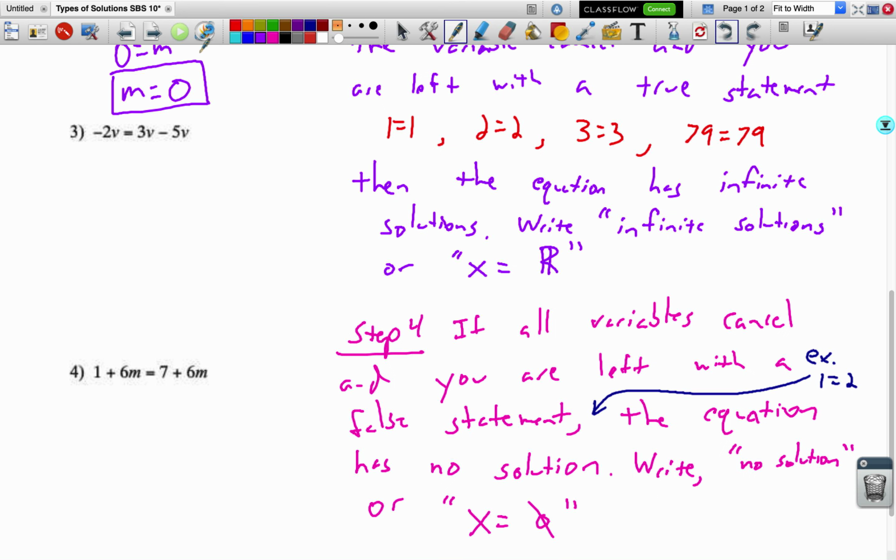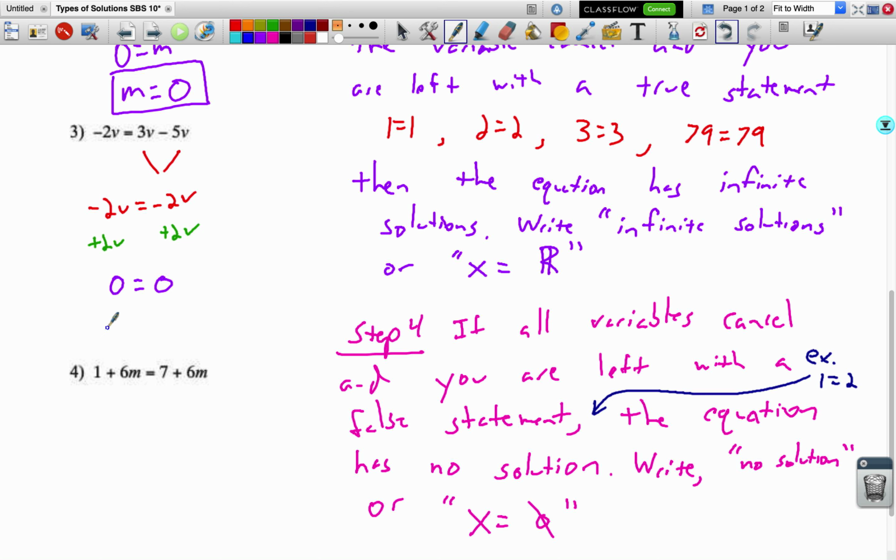All right, number 3. No parentheses, but I do have like terms. I want to combine those. So I've got negative 2v equals negative 2v. I'll add 2v to both sides to bring these like terms together. And I'm left with 0 equals 0. Well, is that true or false? 0 equals 0 is a true statement.